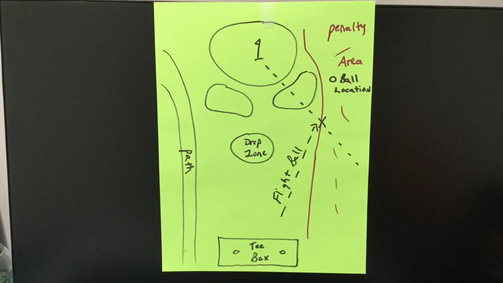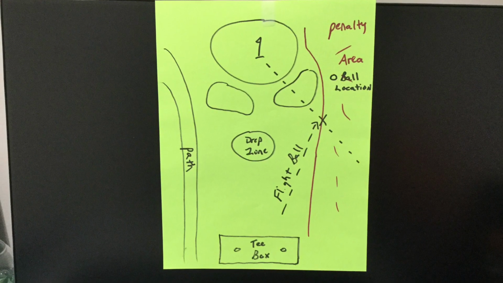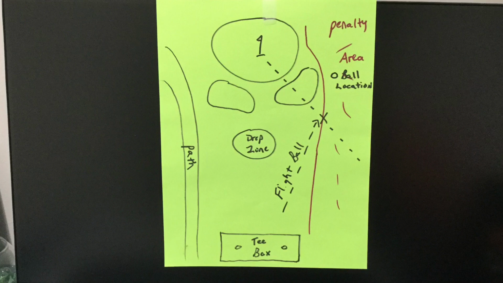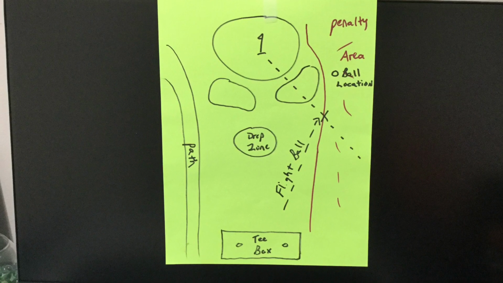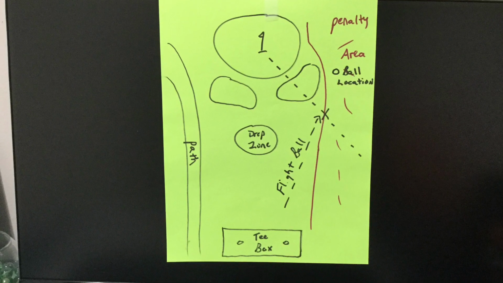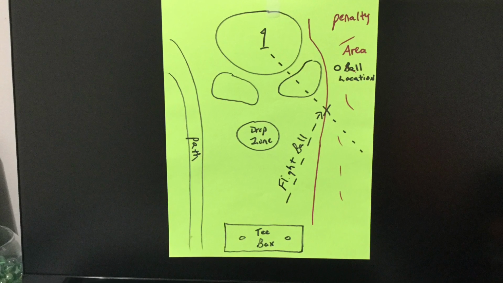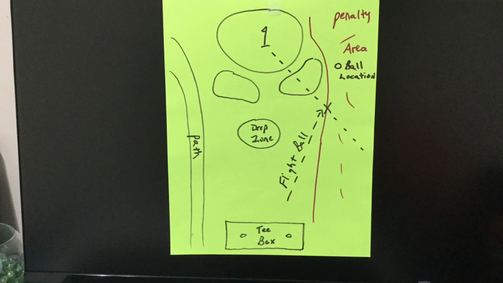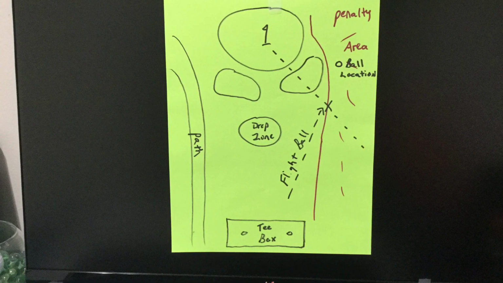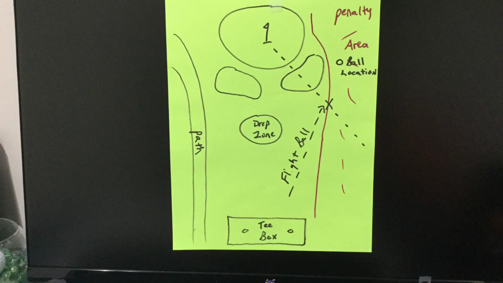So you could keep that point, which I've indicated with an X, between you and the flag and go back on that line as far back as you want. In this particular case, that option is useless because you can't drop in a hazard when you're taking relief, and why would you want to do that anyways?